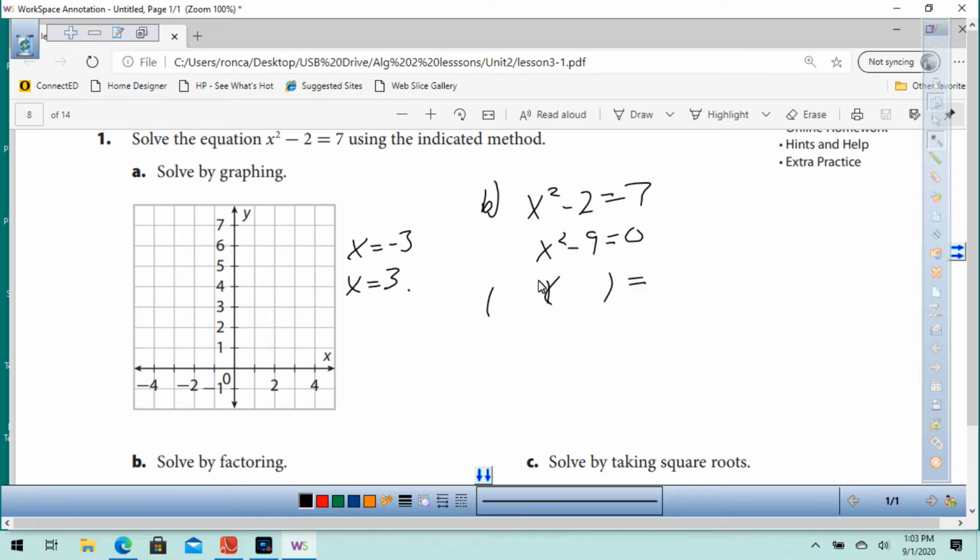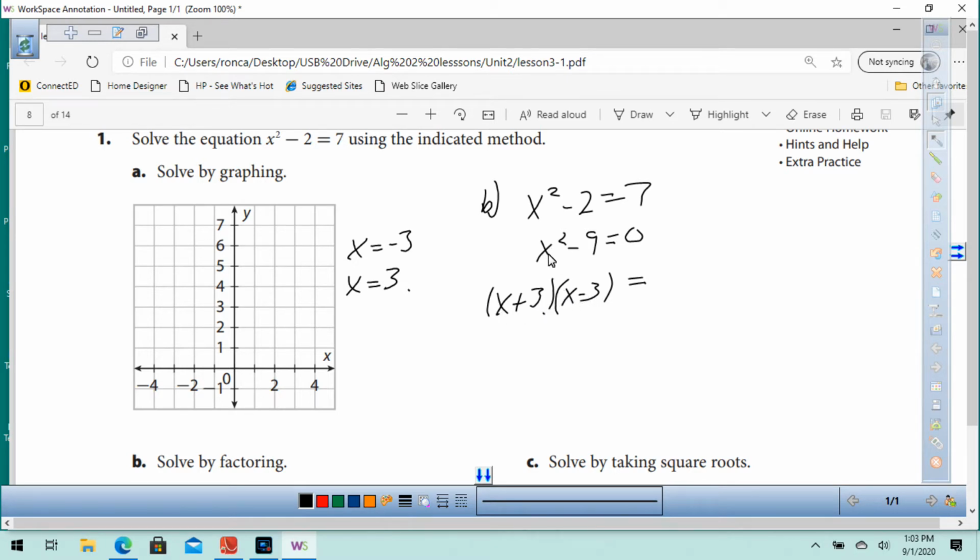x times x gives you x squared, and we've got negative 9 with nothing in the middle, so that must be a plus 3 and a minus 3. Okay, good.